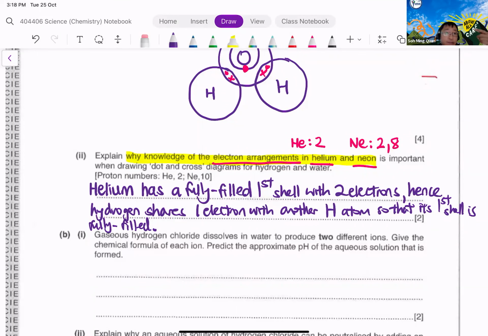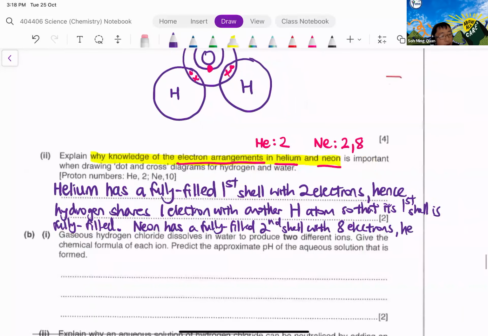Then you must explain for neon. Neon has a fully filled second shell with 8 electrons, right? 2, 8. So the second shell has 8 electrons. So how is this important? Hence, oxygen.